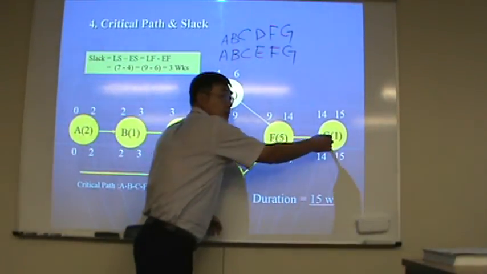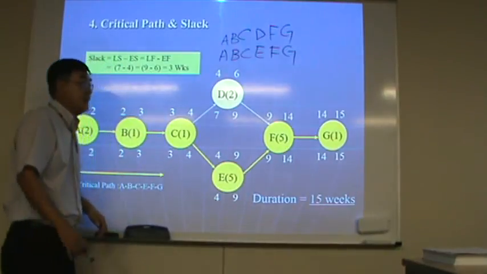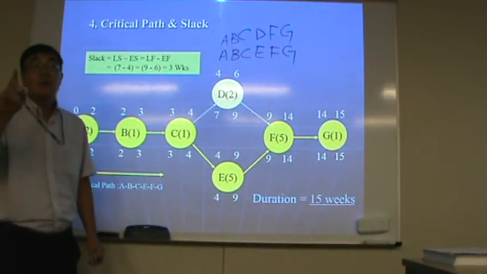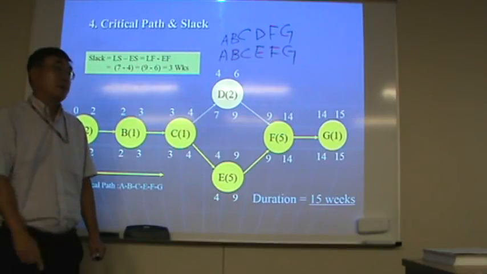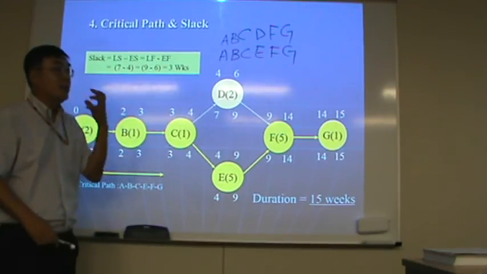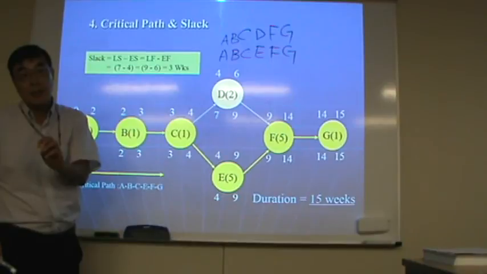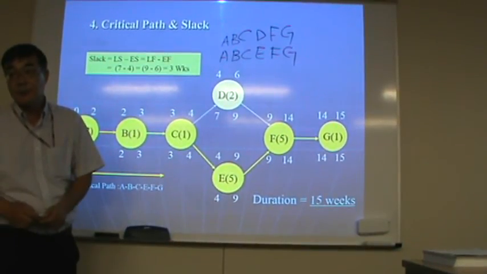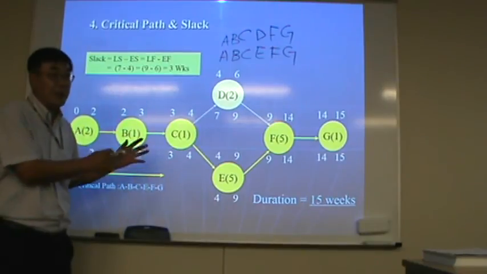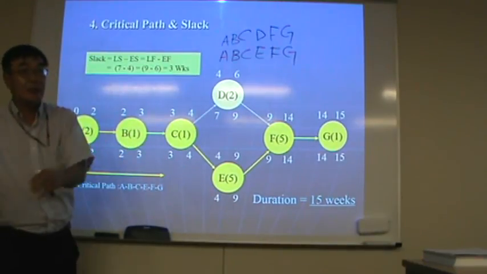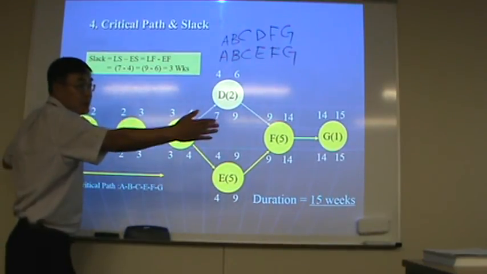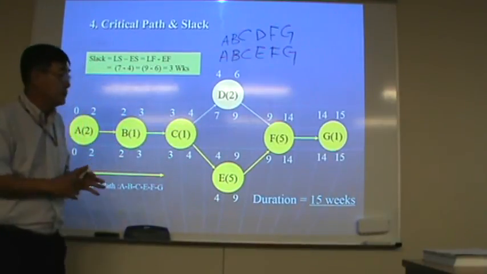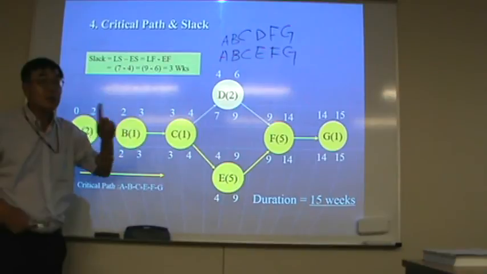So this path consists of all critical activities. If there is no slack, that is a critical activity. So all activities are critical.